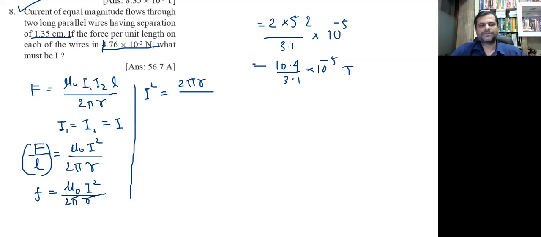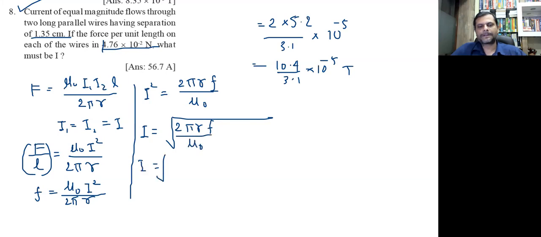Then just take this 2 pi r to that side so as to get I square equal to 2 pi r into small f, divided by mu naught. And then I can be written as the root of this whole thing, that is root of 2 pi r f upon mu naught.